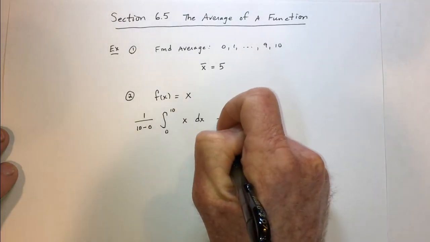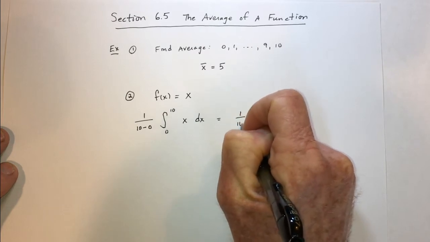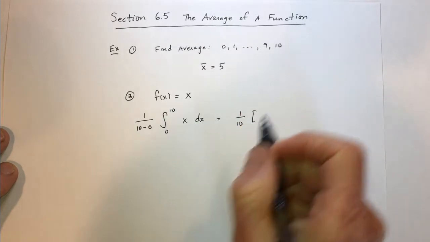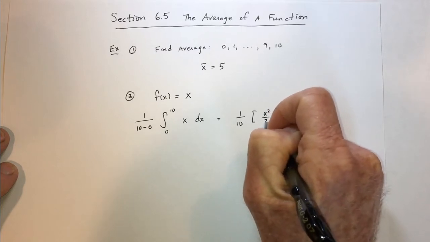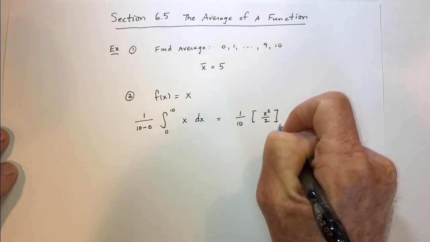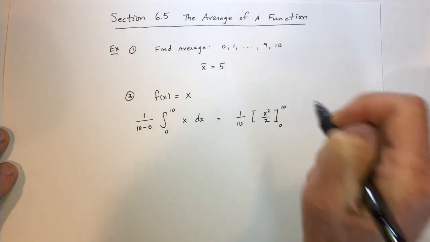So what's this going to be? This would be 1/10 of, find the antiderivative, so that's going to be x squared over 2. Evaluate that from 0 to 10.